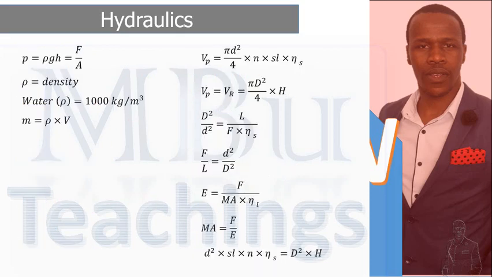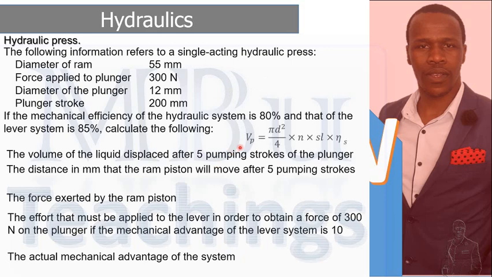Alright, so this is the volume. We will substitute d by 12, so we have 12 squared here. We'll have the number of strokes, which is 5, and 200 millimeters for the stroke length.